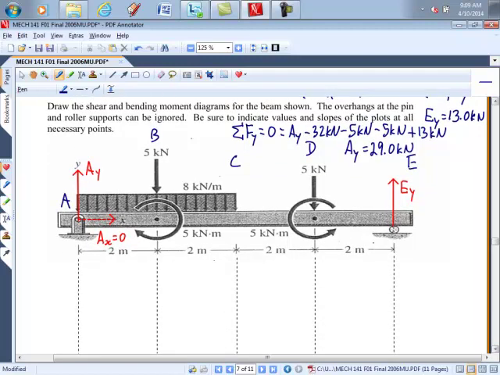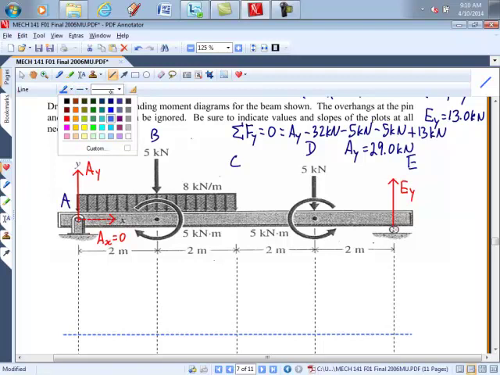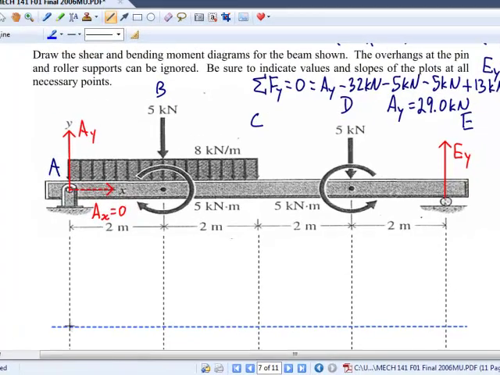What's the shear diagram going to look like on the left? Well, it starts at 0, and then it immediately jumps up from the force at A to 29. So let's use blue for our shear diagram.